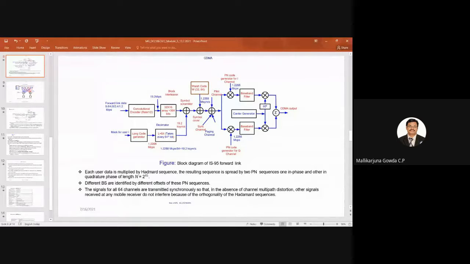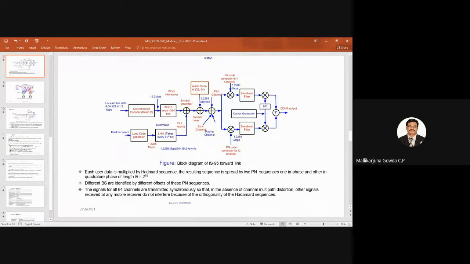That we call the reverse link, right? Signals transmitted in both the forward and reverse links are direct sequence spread spectrum signals, and they have a chip rate of 1.2288 × 10^6 chips per second, that is, 1.2288 mega chips per second.